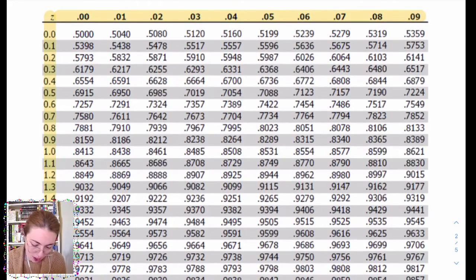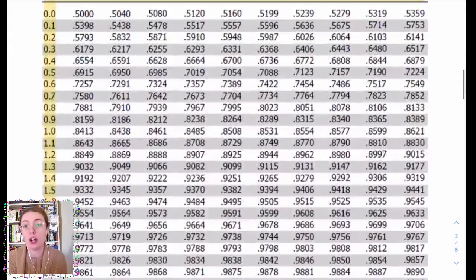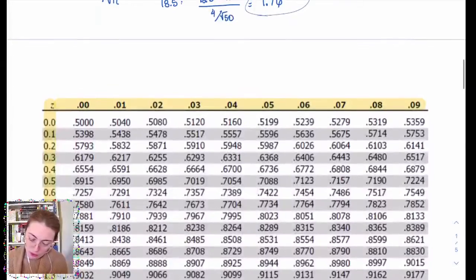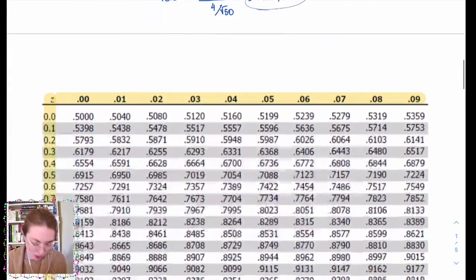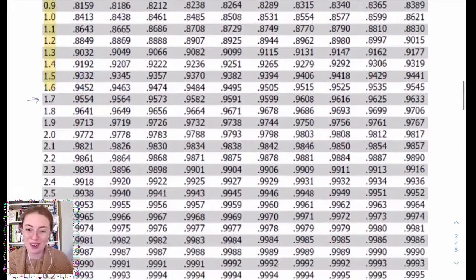So first, let's go ahead and find 1.76. Now, notice all the values here are positive. I'll touch on that once we found our number. So we're looking for 1.76. I'm going to go to the side here and start, my face is covering it, 1.7.